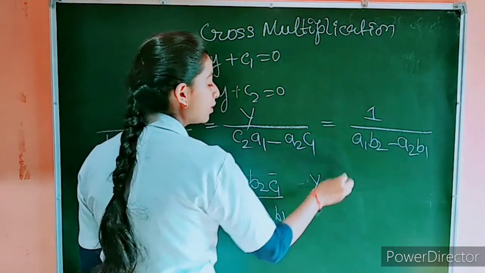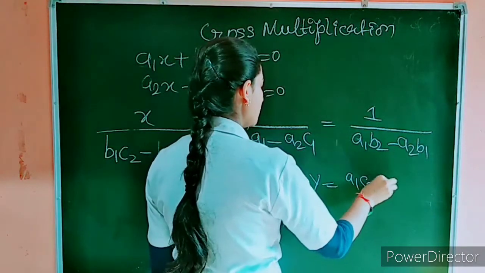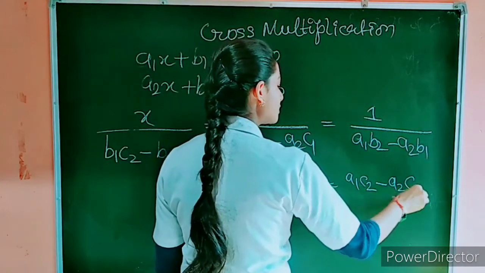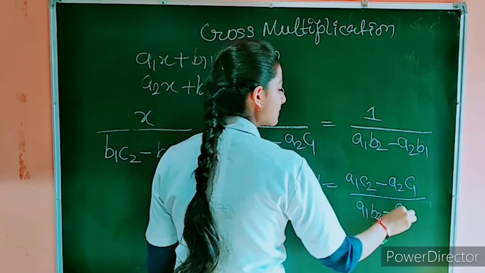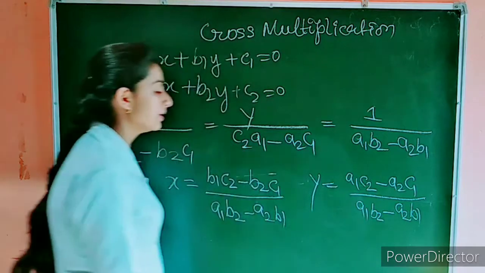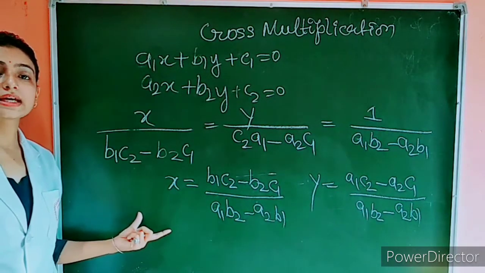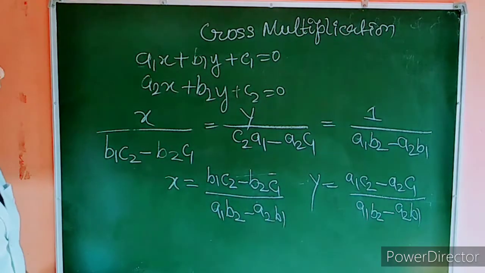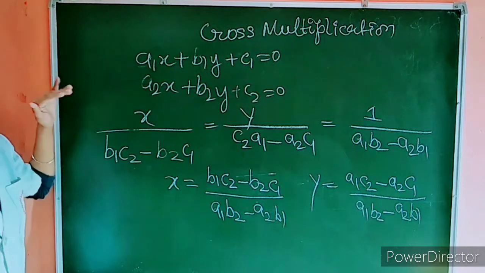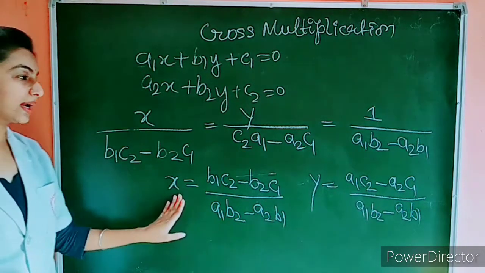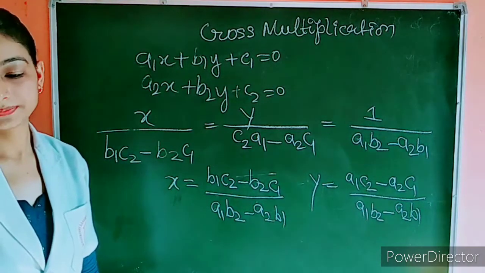Now to get the value of y, we have a1c2 minus a2c1 upon a1b2 minus a2b1. With this formula, we can find the values of x and y. You just have to compare your equations with this standard form and put these values directly in this. Okay?